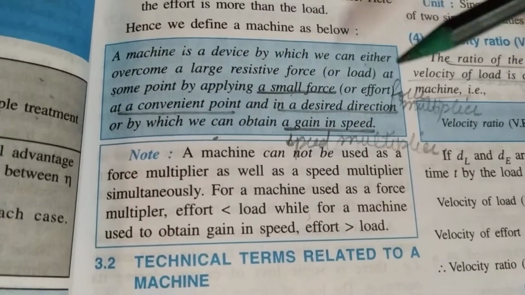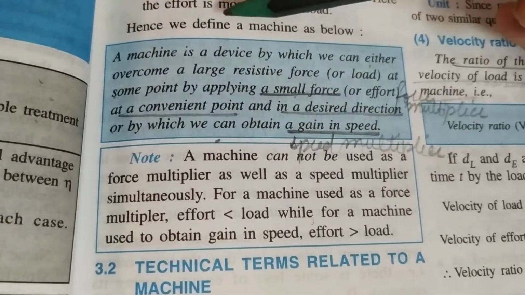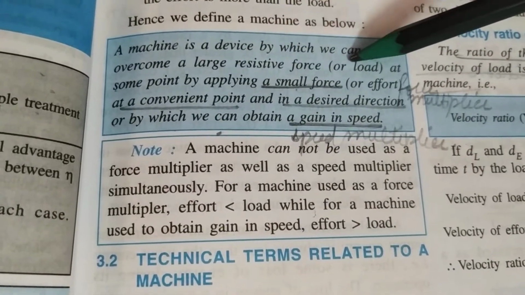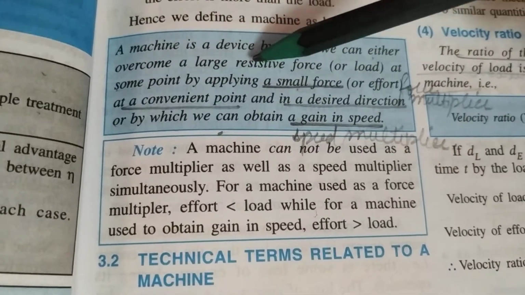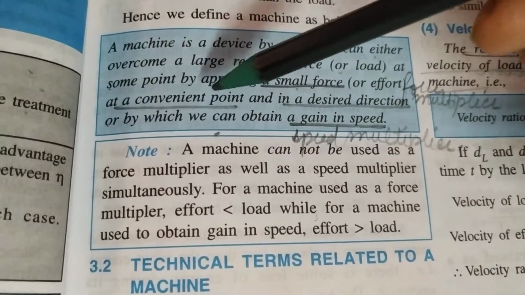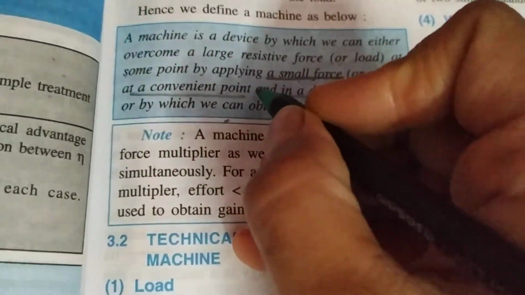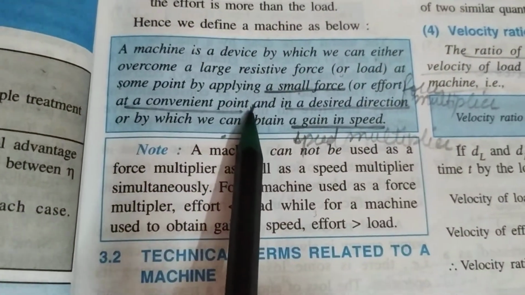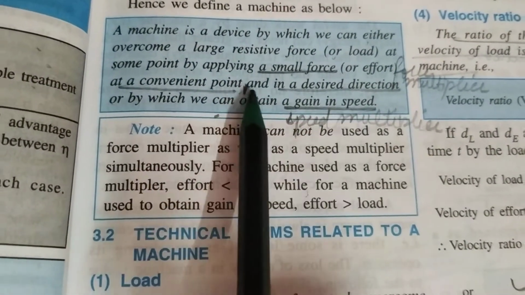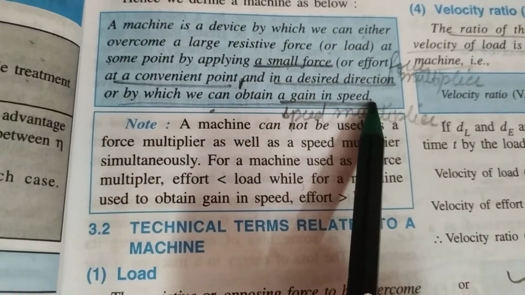So combining these 4 points, what will be the definition of a simple machine? It is a device by which we can either overcome a large resistive force or load at some point by applying a small force or effort at a convenient point, and in a desired direction, or by which we can obtain a gain in speed.